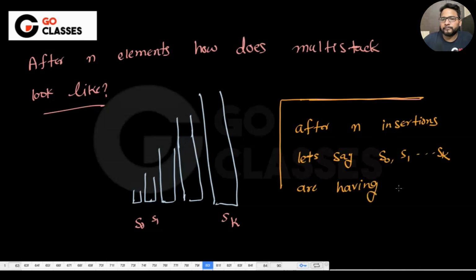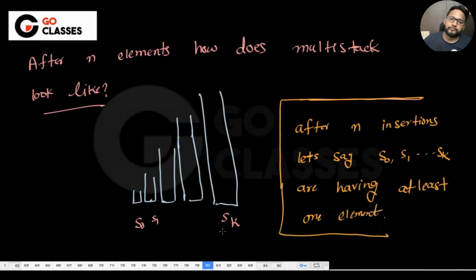Is this okay to everyone? There must be some k, some finite k, up to which the stacks are filled, and after that everyone is empty, right? I just assume that there is some k. I don't know the k.